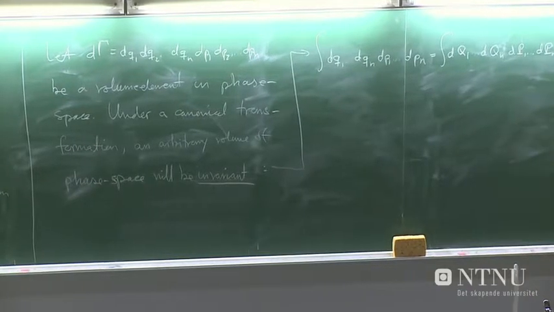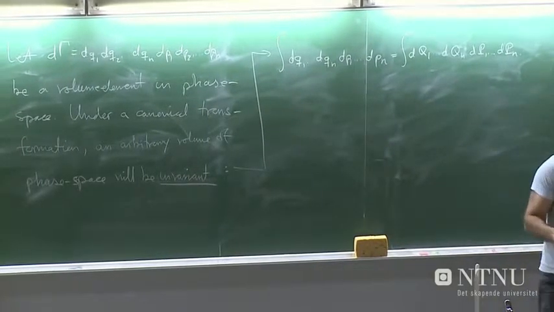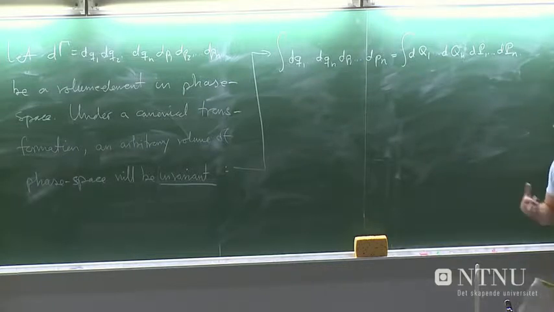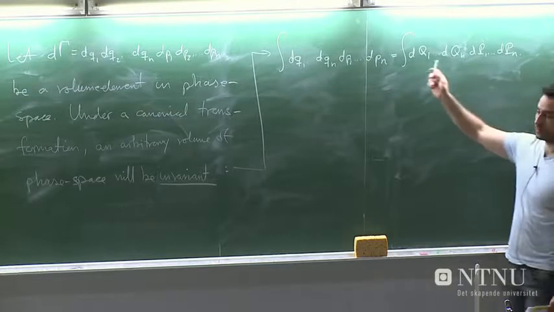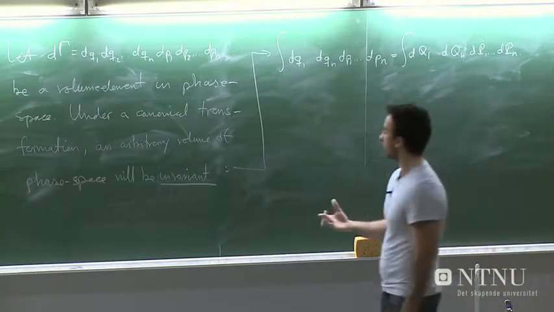Now what Liouville's theorem states is that an arbitrary volume of this phase space will remain invariant under canonical transformation, which mathematically speaking may be put into the following form. There's an explicit proof of this in the Goldstein book, and I'll just give the main ingredient here, and you can study the proof later on if you want.